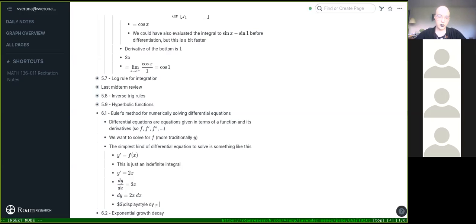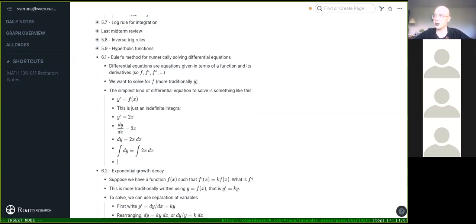So integral of dy, I need to put an integral sign in there or it's going to look weird, equals integral of 2x dx. So, okay, what's happening here? I'm integrating this left side with respect to y. I'm integrating this right side with respect to x. And so here's what I'm going to get.